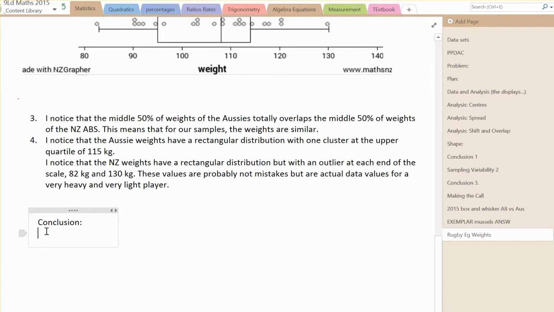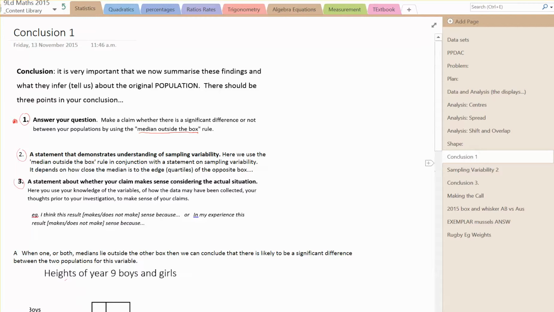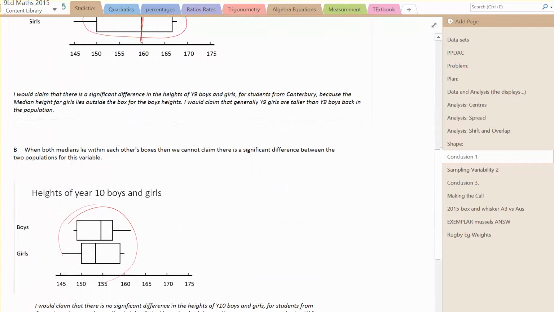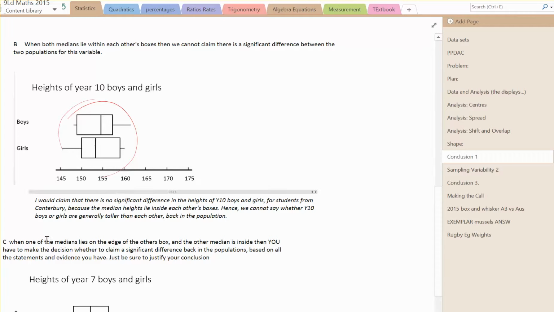So if we just check how we start off, I would claim that there is a significant difference. So in fact what we want is this example here.